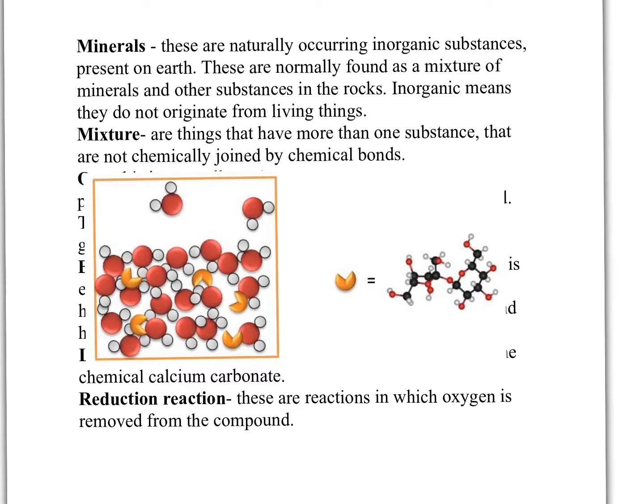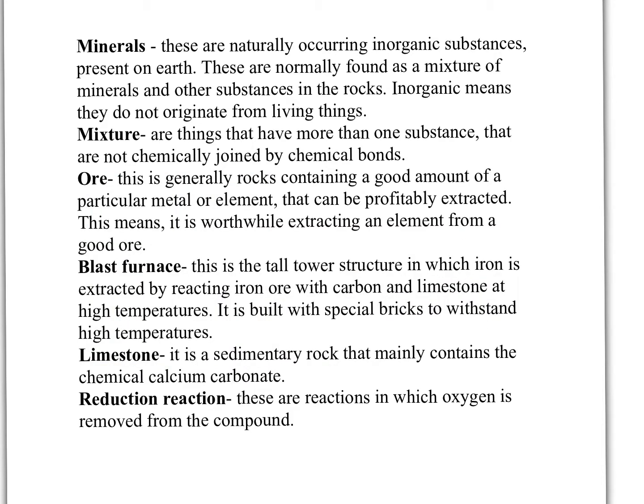They are two different substances with two separate chemical formulas. So just to reinforce that idea, mixtures are things that have more than one substance that are not chemically joined by chemical bonds. This is what we've just looked at with two examples.